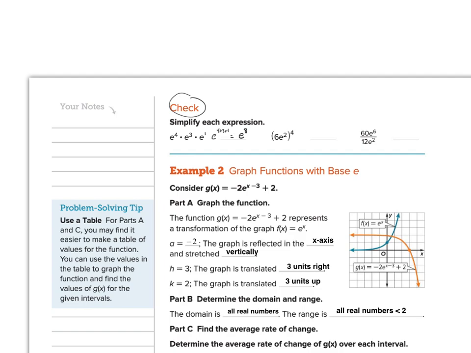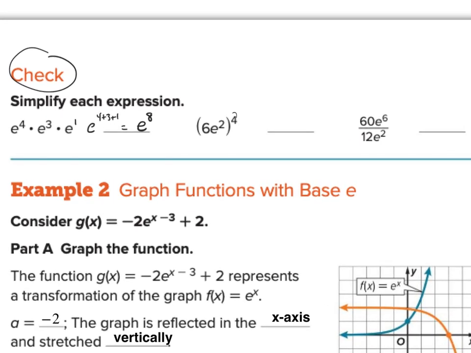In this next example, we have this exponent going to both the coefficient and the variable, or in this case, e. So we should have 6 to the 1 times 4, because that is 6 to the 4th.